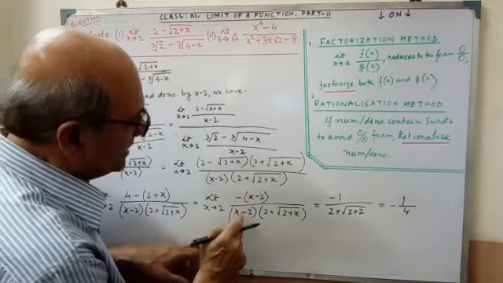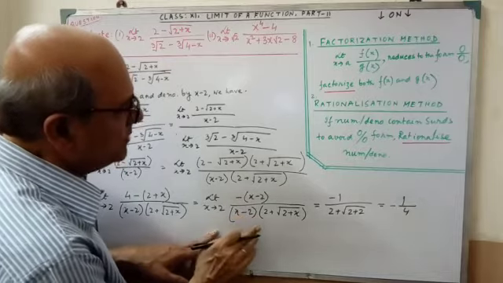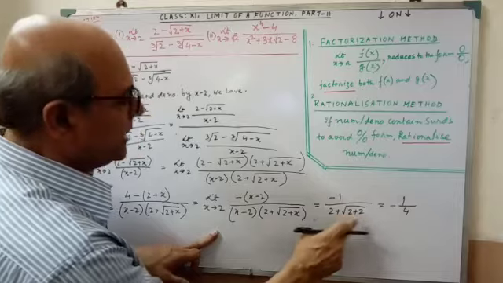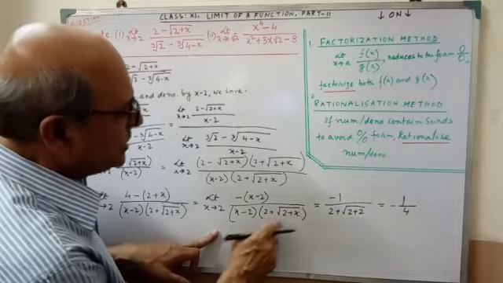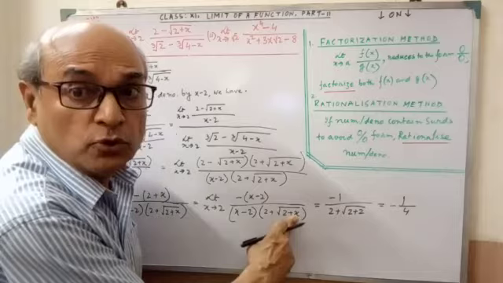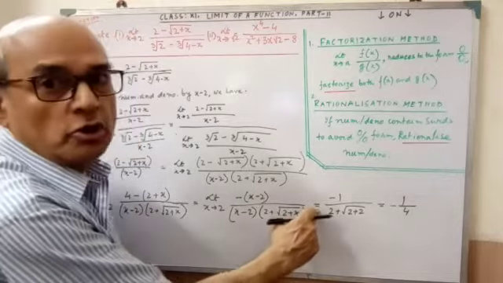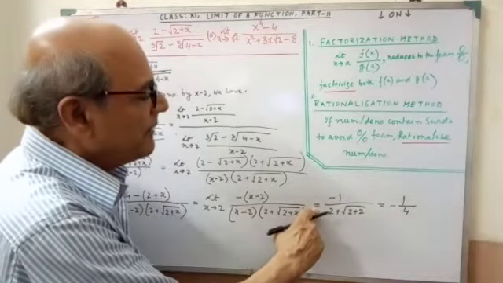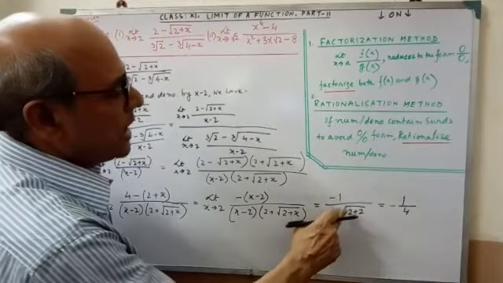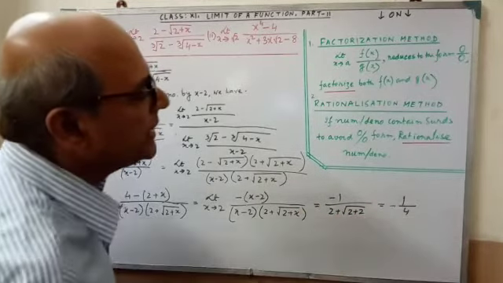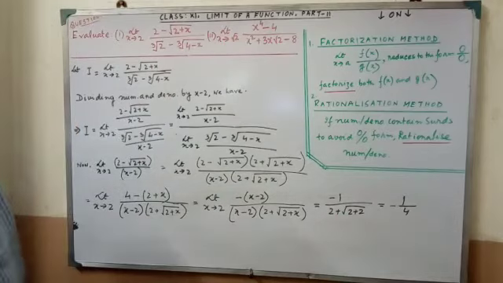After cancellation, x minus 2 will be cancelled, then we will get this expression. And at the same time, we will put the value of x. When we are putting the value of x, that time we will not write limit, that you have learned in part 1. So after putting the value and simplification, it is coming minus 1 by 4.